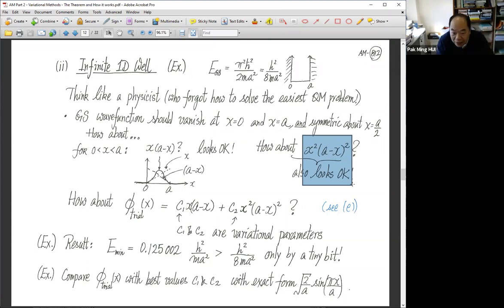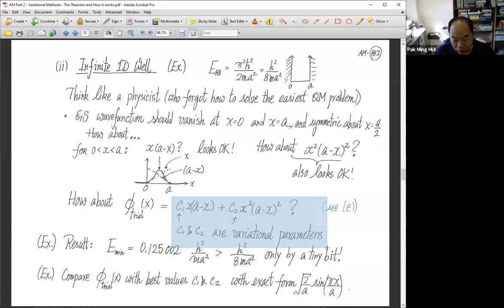You multiply together, again, it has something of the same expected form, okay? So now, maybe we can do a linear combination of these two reasonable functions, all right? And then with coefficients C1 and C2.